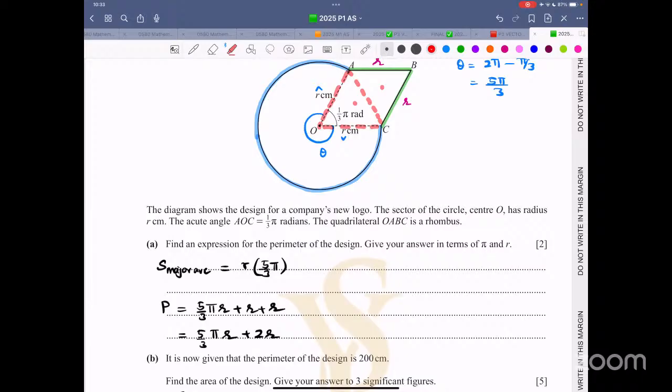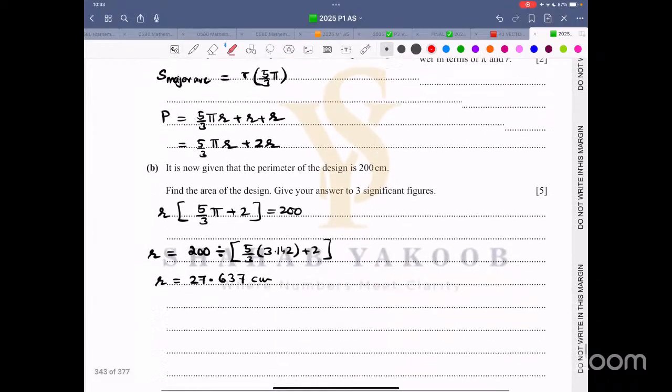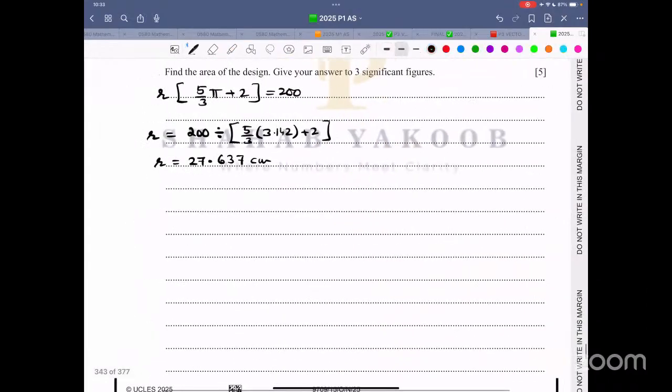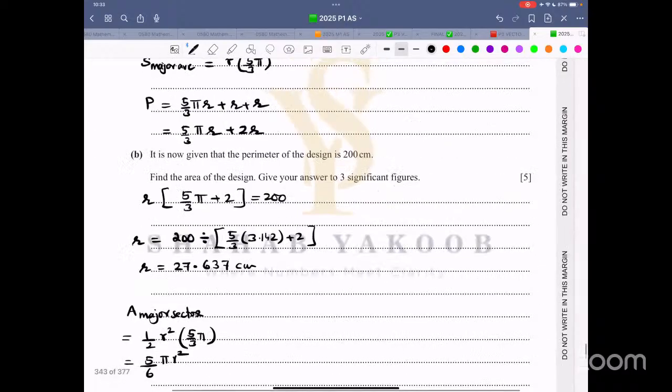That is very necessary. So now, first thing, area of major segment, actually sector. Area of major sector, that is half r squared theta, that is 5/3 pi. That is 5 over 6 pi r squared. That's area of major sector.